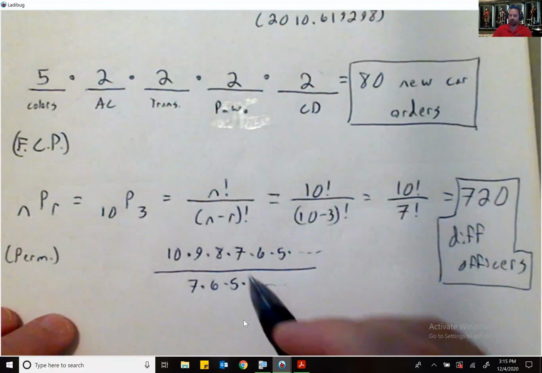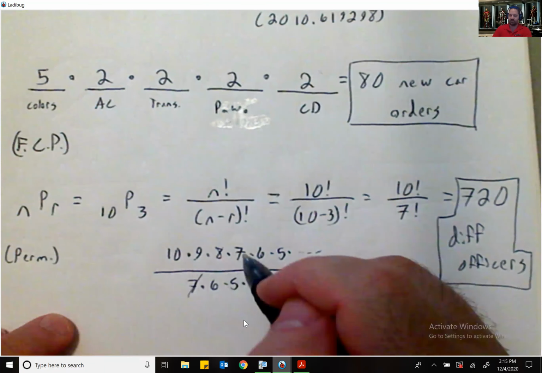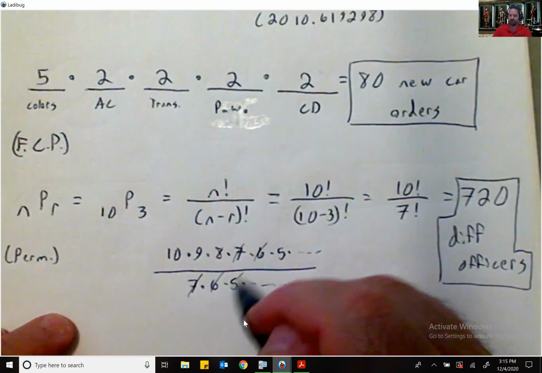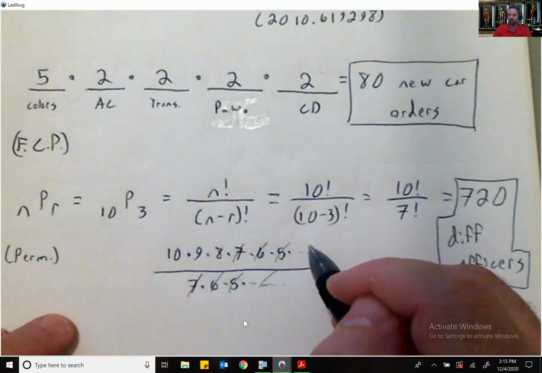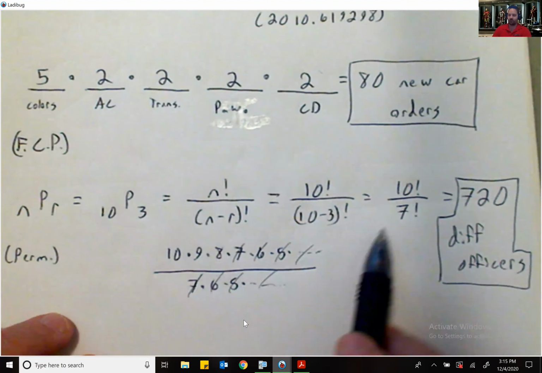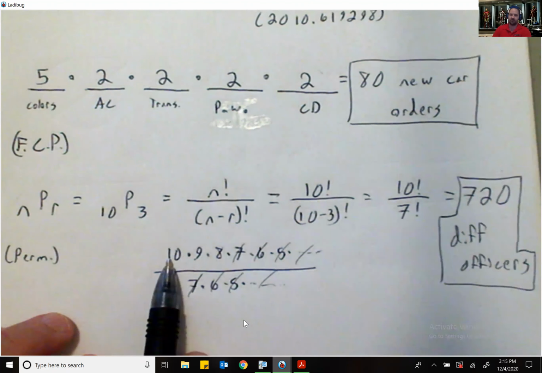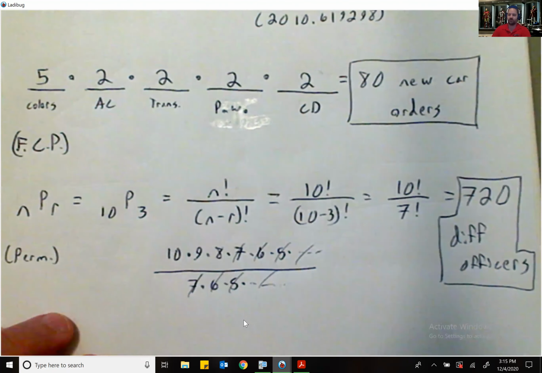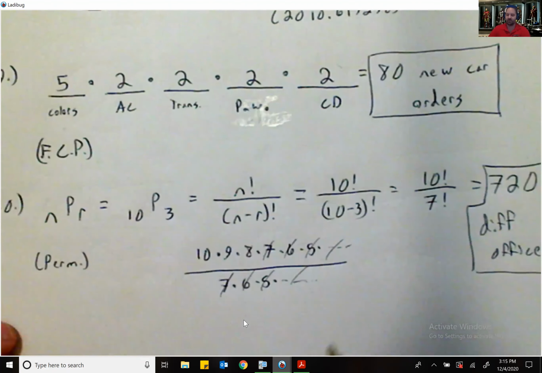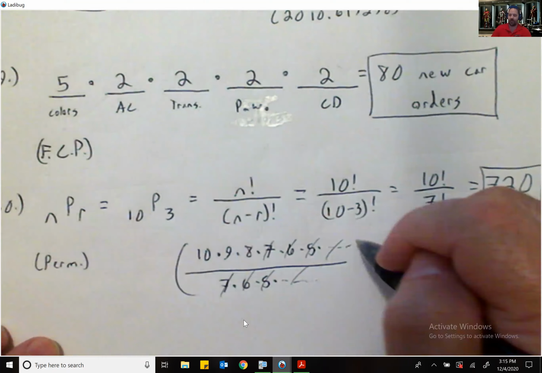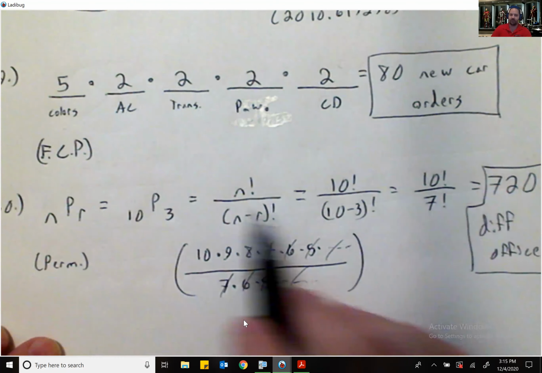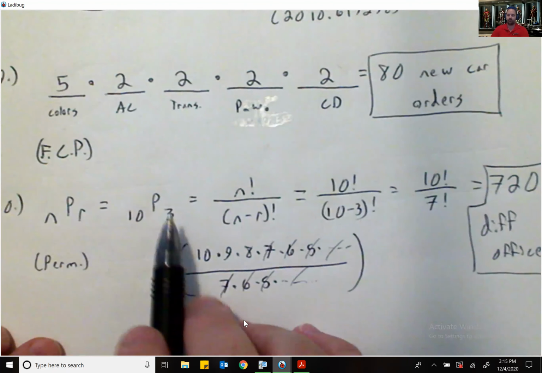Because these repeat, the 7s cancel out, the 6s cancel out, the 5s cancel out, and the rest cancel out. So all you're really doing is taking 10 times 9 times 8. 720. But again, I just let my calculator do all that. I put in 10P3. Done.